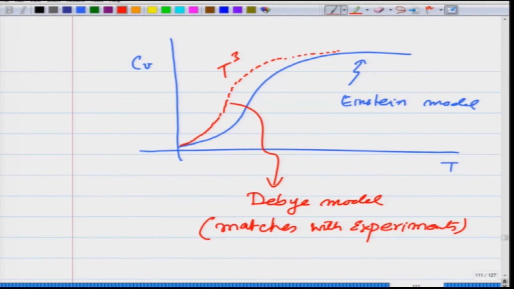As a supplement to this lecture, I will send you some experimental figures that will show you the real graphs for real systems, where you will see this T cube behavior.